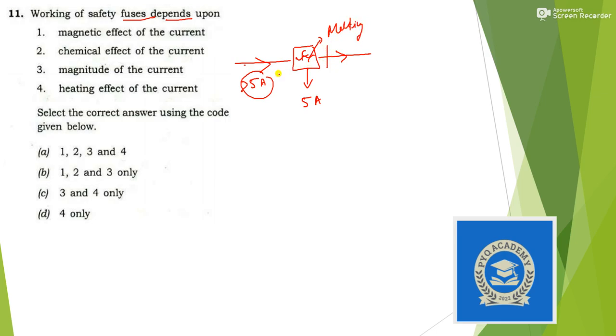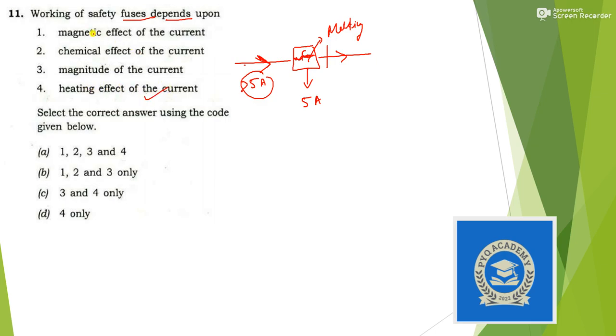So it works on the principle of the heating effect of electric current. When a higher current flows through it, the wire present here has high conductivity, so it conducts all the current, and by heating it melts. So the heating effect of current is true.